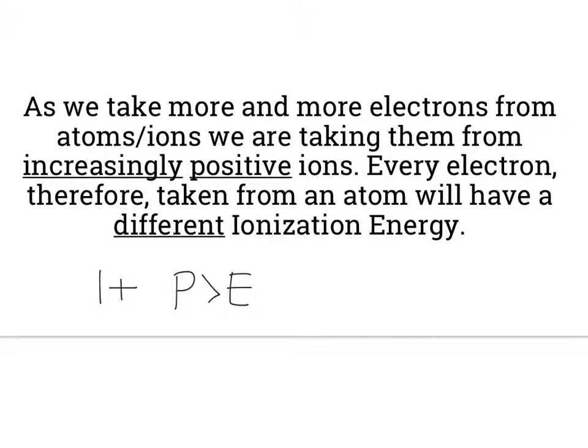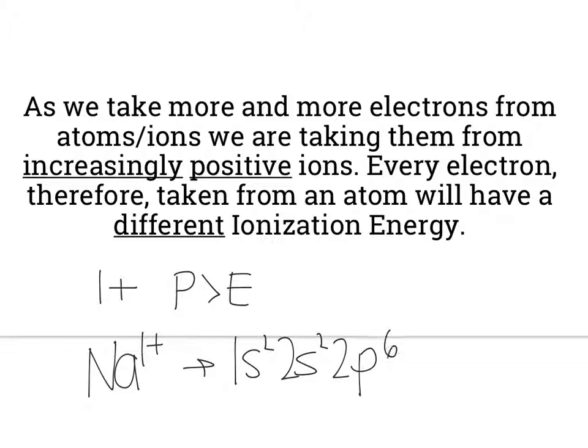Secondly, sometimes when you take away electrons, let's think of sodium plus. If I have sodium with 1+ and I take away an electron, sodium now basically looks like neon in that it's 1s2, 2s2, 2p6. If you try and take one more from that, sodium's going to trip out.